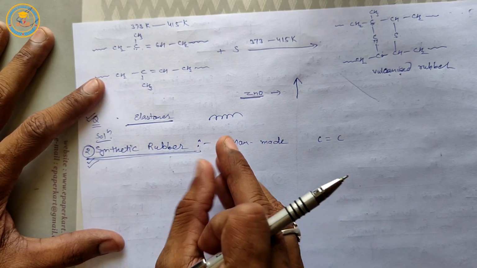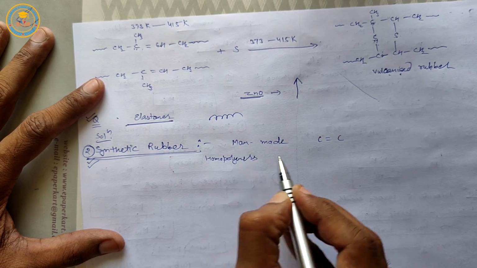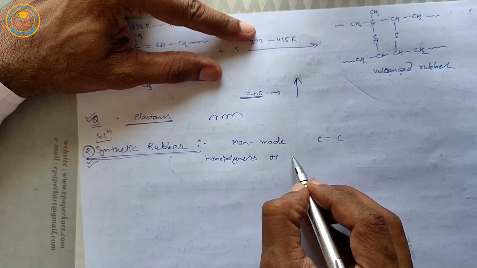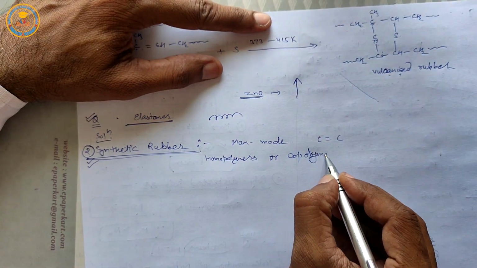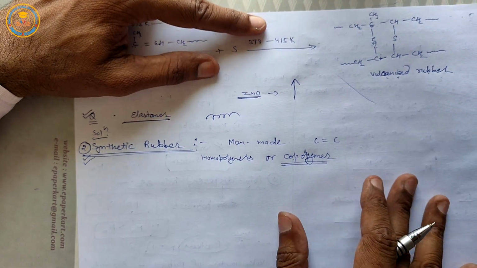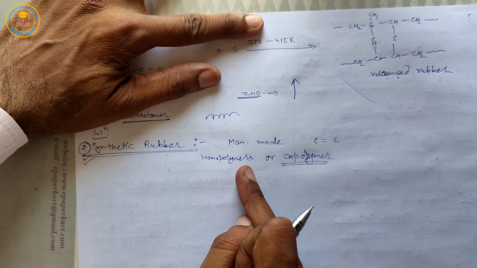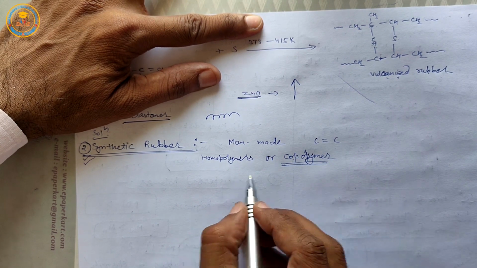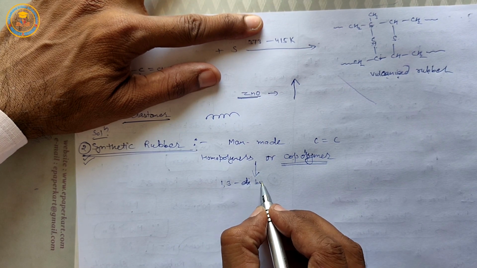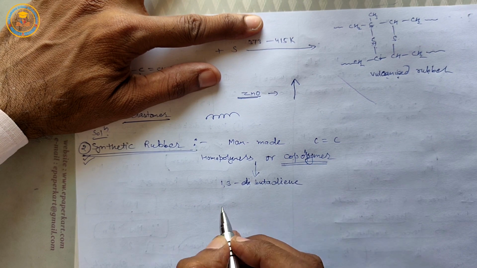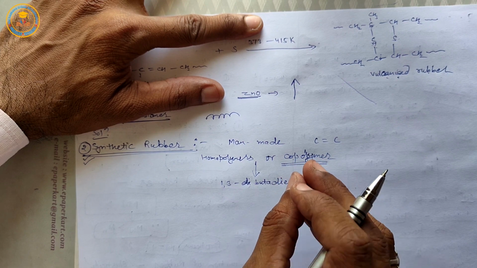They are either homopolymers or copolymers of 1,3-butadiene or its derivatives with another unsaturated monomer.